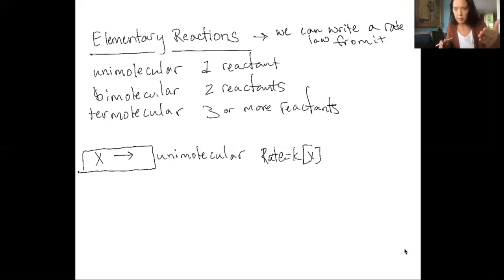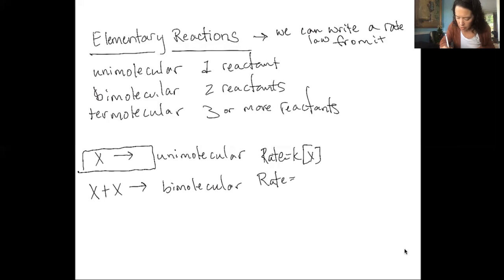You would be provided with products, but it doesn't matter what they are. That would be the rate law, okay? If I had X plus X, or 2X, that would be bimolecular, and I could write the rate from that elementary reaction, and it would be squared because I have 2X.